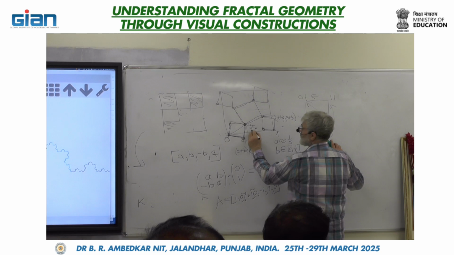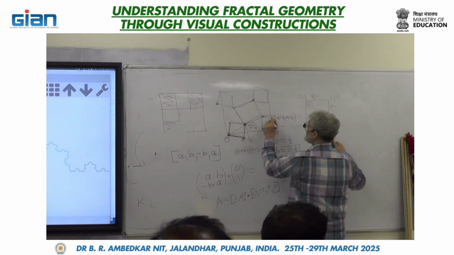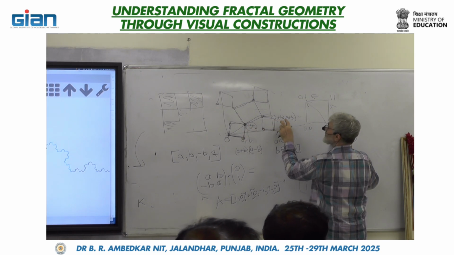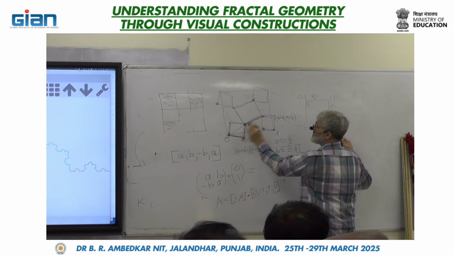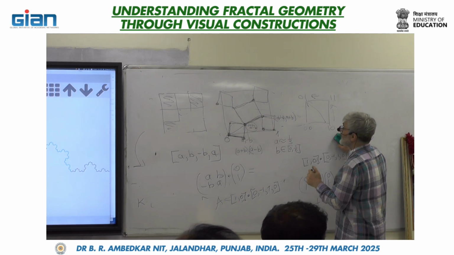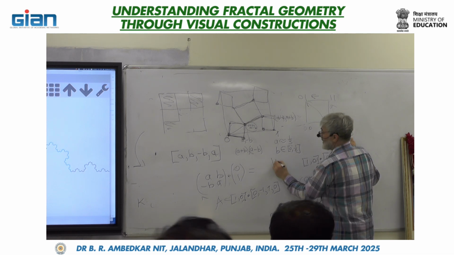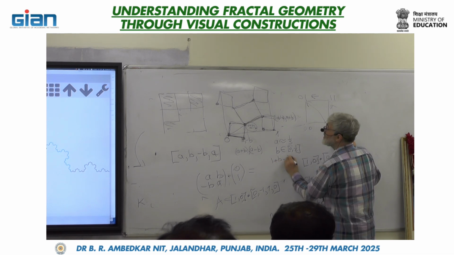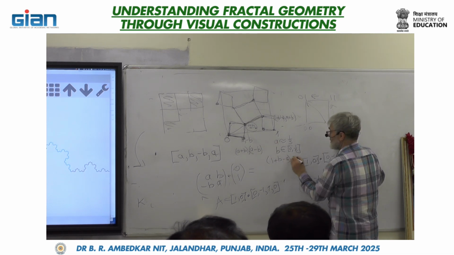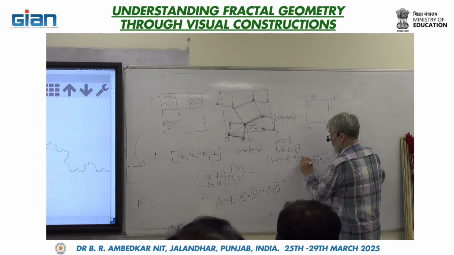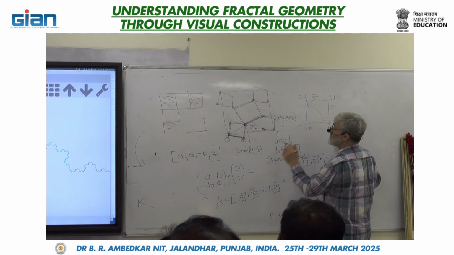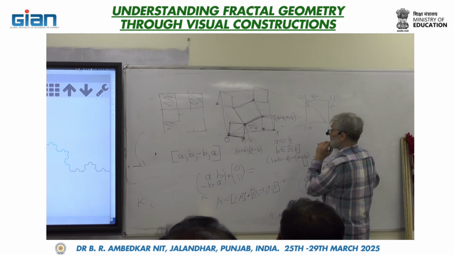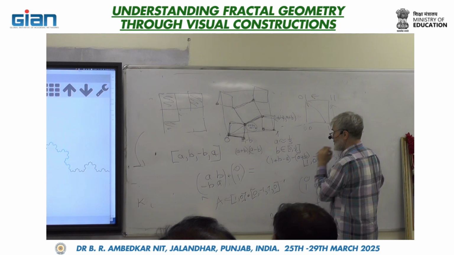So this coordinate will be A plus B, A minus B, and this coordinate will be 1 plus B minus A, A plus B. So we need to define this vector, and it is 1 plus B minus A minus A plus B. Wow. Oh, so it's 1 minus 2A, right?